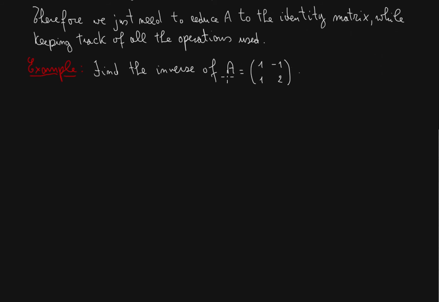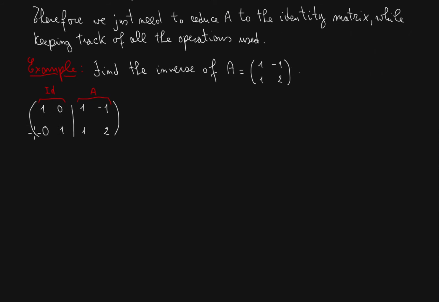We call A the 2 by 2 matrix with first row 1, -1, and second row 1, 2. In order to keep track of all the elementary operations we will be applying on A, and simultaneously applying them on the identity matrix, we create the following matrix.